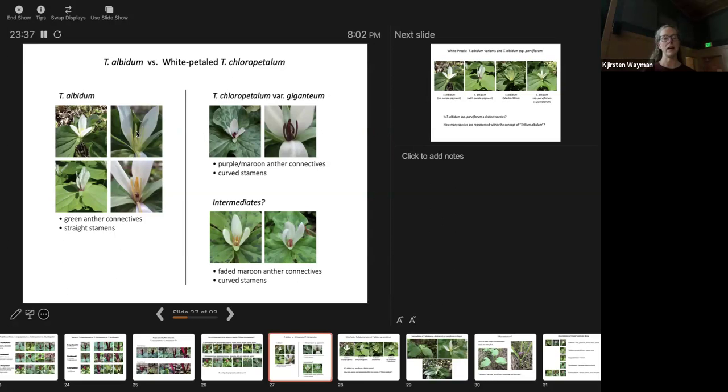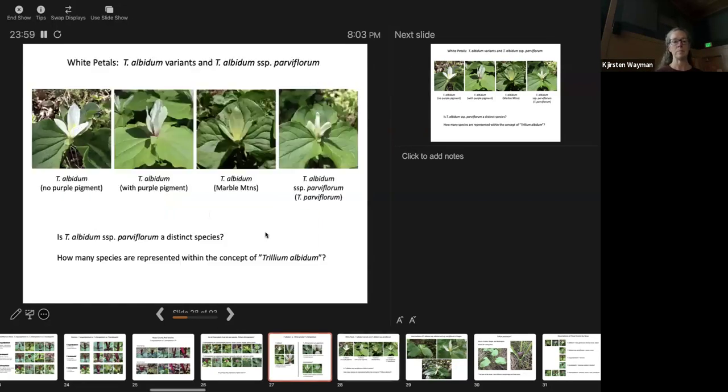So there's a difference there. But there are also these plants that have intermediate characters. They've got the white petal color, but if you look at the stamens and ovary, they've got this color that's in between. It's tinged with that maroon rather than being dark maroon or the lighter color. So what's going on in these populations, and what's the identity of these plants?